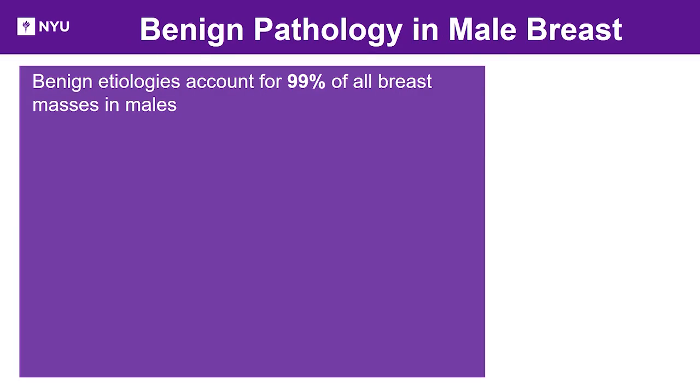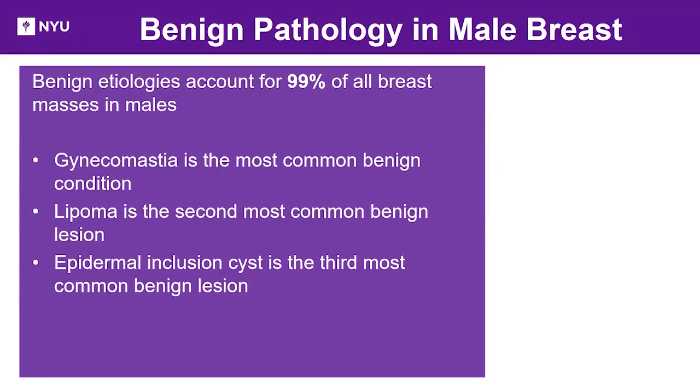So just a few words about benign pathology in the male breast. Luckily, the vast majority, over 99% of all male breast masses, are going to be benign. As I've showed you now, gynecomastia is the most common condition. The second most common is lipoma, a benign tumor that's entirely fatty.